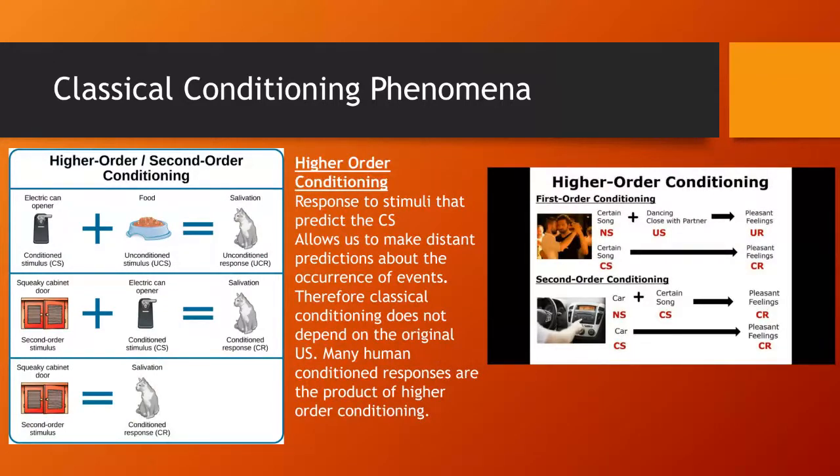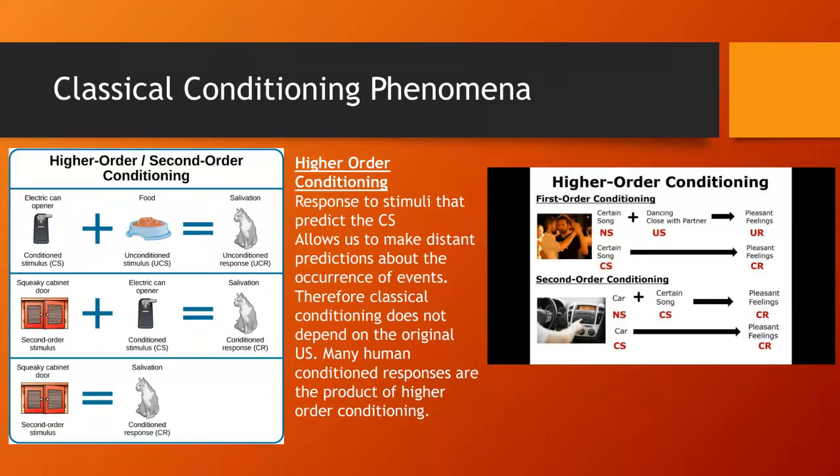And obviously, as you work cognitively, it's higher order conditioning. That's simple conditioning, but it can also start to work on higher levels in our thinking, and it allows us to make distant predictions about events that might happen.